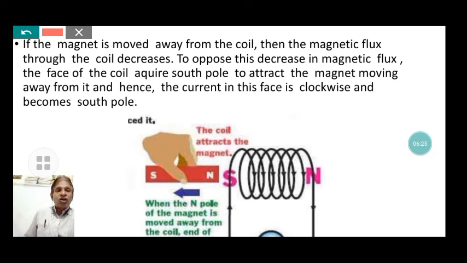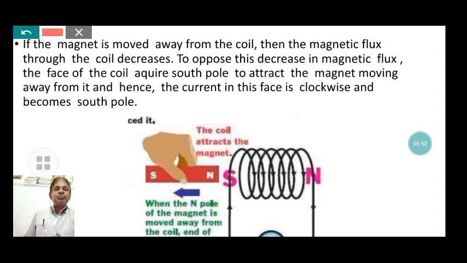It attracts the magnet moving away from it, and hence the current in the face is clockwise. North and south poles attract each other, which replaces the decrease of the magnetic field and opposes the movement of the magnet that moves away from the coil.